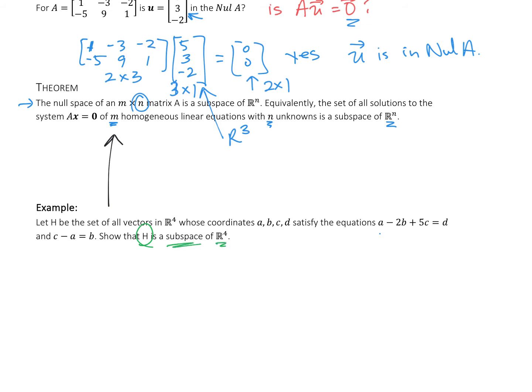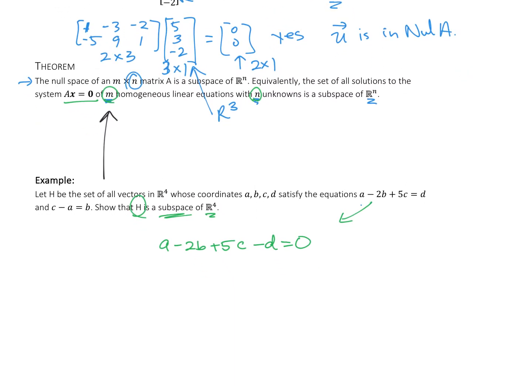All we need to show is that I have m homogeneous linear equations and n unknowns. So my first one, written as a homogeneous equation, is a minus 2b plus 5c minus d equals 0. And for the next one, I'm going to rearrange it so that my letters line up: minus a minus b plus c equals 0.